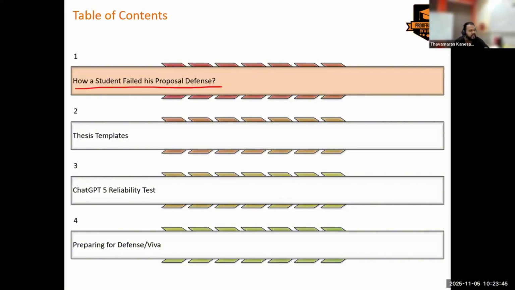Then thesis templates, ChatGPT 5 reliability tests, preparing for defense Viva. This last segment is the most important segment, and you will understand it better once you reach there. If I go straight to this, you won't be able to appreciate the value. But once I go through all this, you would understand this segment better. So stay until the end.